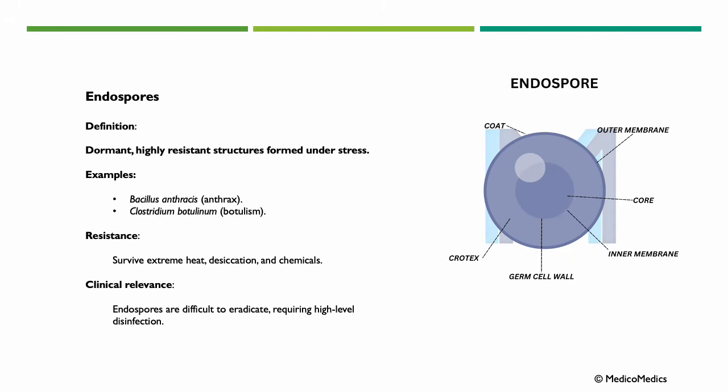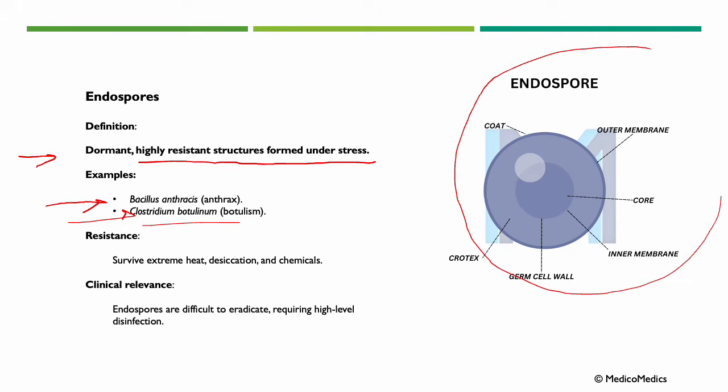Now, what are endospores? These are dormant, highly resistant structures formed under stress. Some examples are anthrax or botulism, Clostridium botulinum. Some bacteria can hibernate by forming these tough shells called endospores.